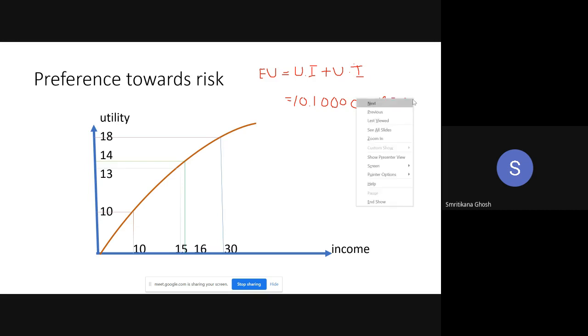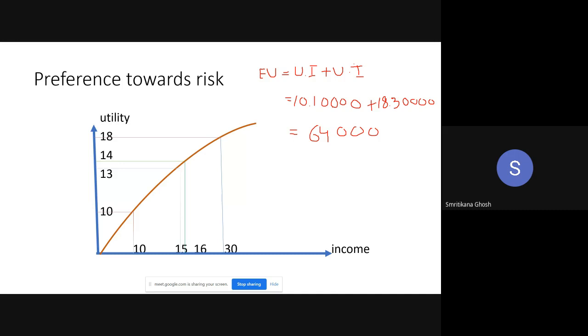Tell me the value: 10 into 10,000 plus 18 into 30,000. What is the value of it? 640,000.